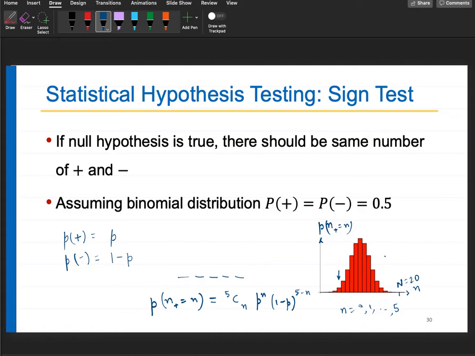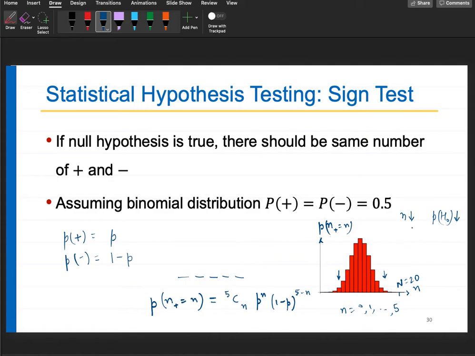More confident about the alternative hypothesis. So if my small n is very small, then my probability of the null hypothesis goes down, right? If my n is very large, let us say somewhere here, still the same.